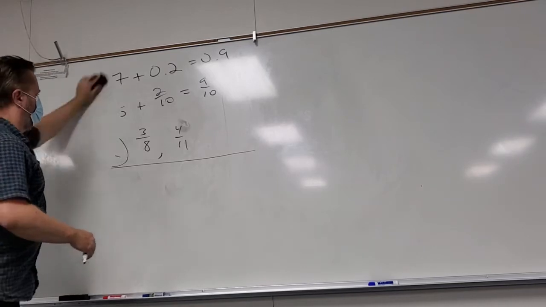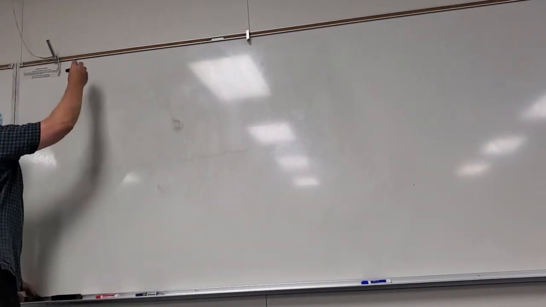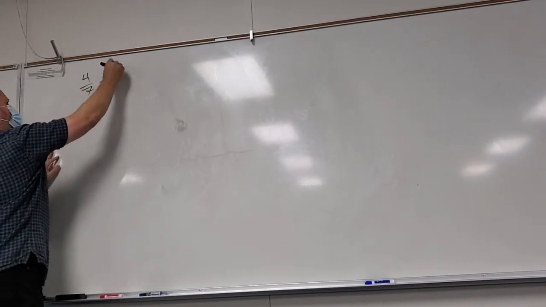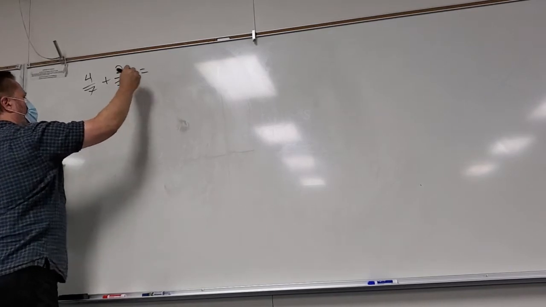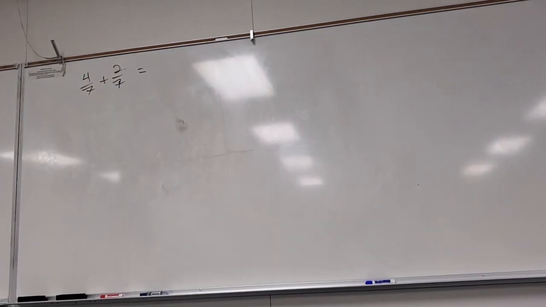Okay, so stuff like this, 4/7 plus 2/7. On the surface, that should be really straightforward without even understanding necessarily what over 7 means, right? Because we know what 4 things plus 2 things are.